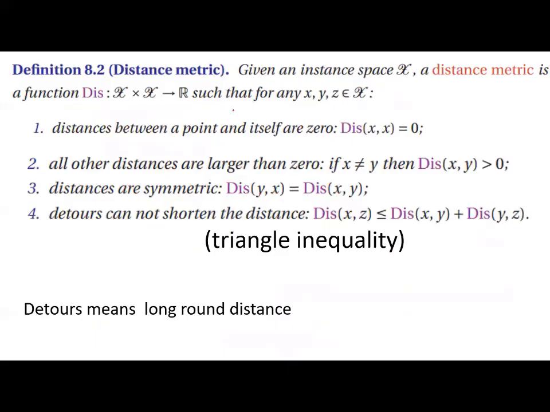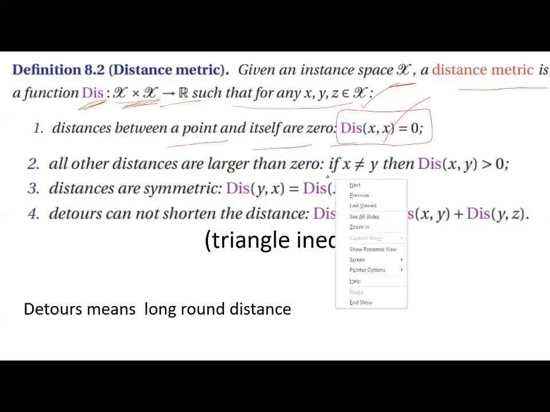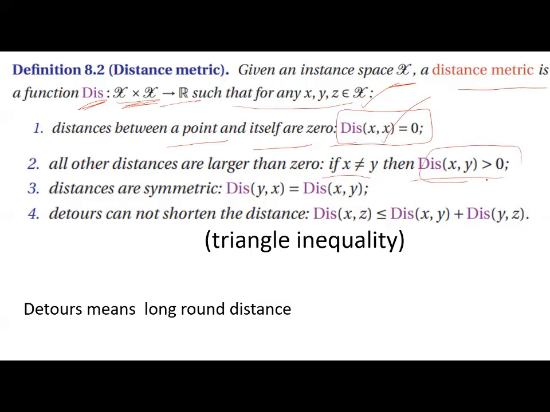Now some metrics on distance. Given an instance space X, a distance metric is a function dis from X cross X to R, such that for any x, y, z belonging to X, the distance between a point and itself is 0. Distance of x comma x is 0. All other distances are larger than 0. If x is not equal to y, then distance of x comma y is greater than 0.